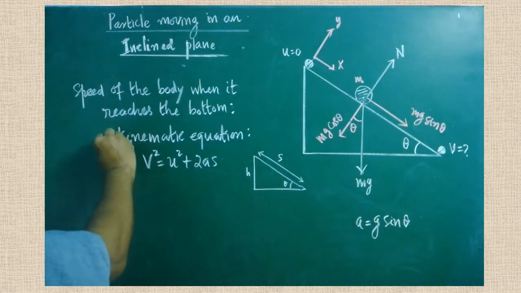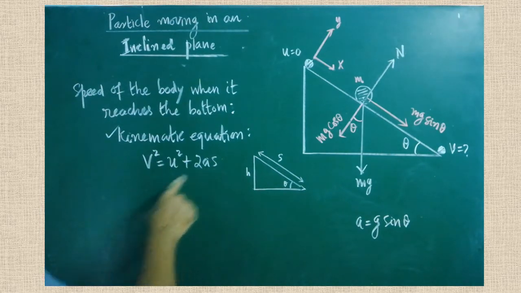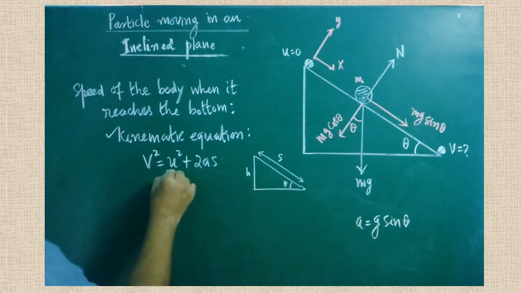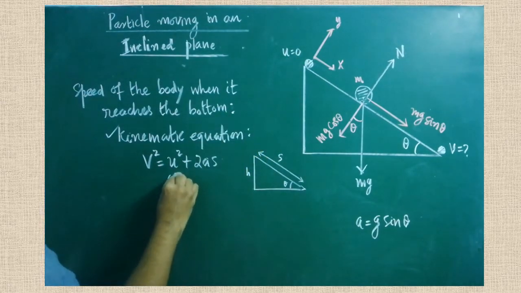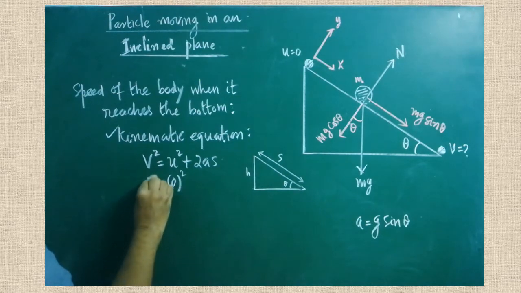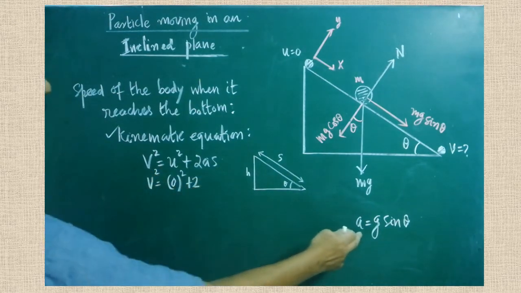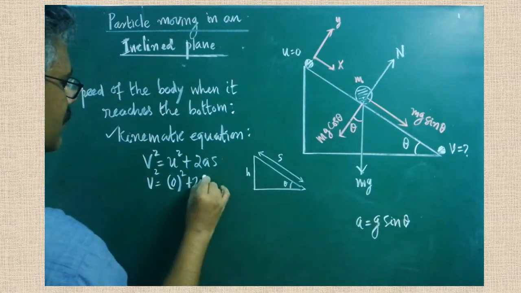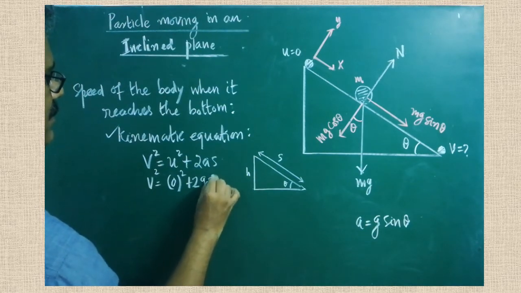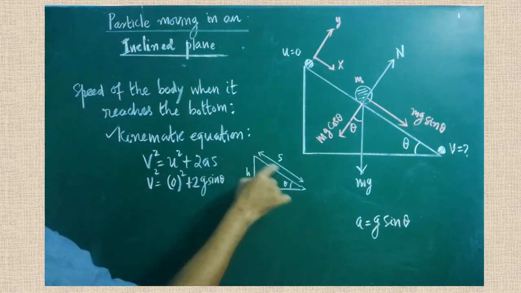For that we have to use the kinematic equation v square is equal to u square plus 2as. Here we know that u is equal to 0, initially the velocity is 0. So v square is equal to 0 plus 2as. We know the expression for acceleration: when it is descending, the acceleration is g sin theta. What is s? Displacement. When it moves from here to there, this is the length of the inclined plane.